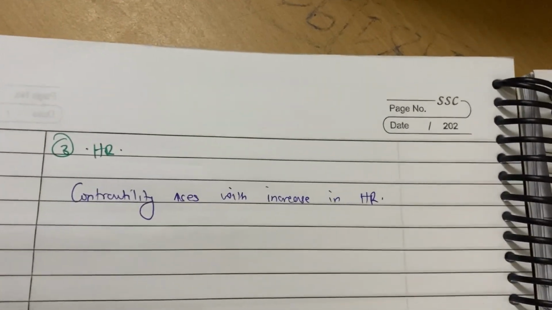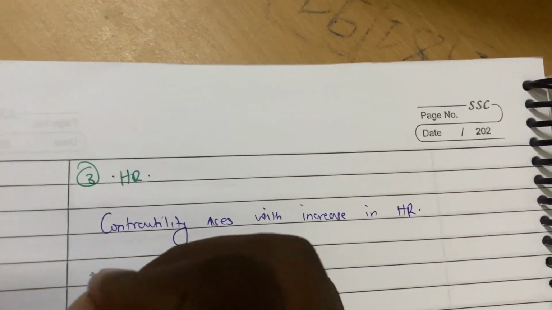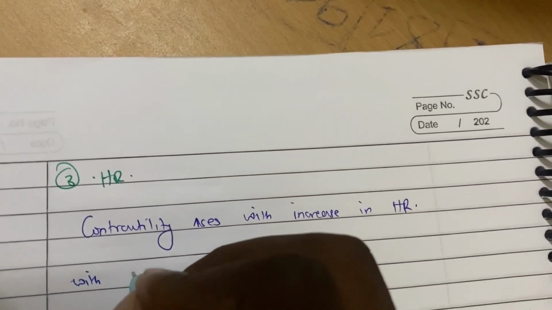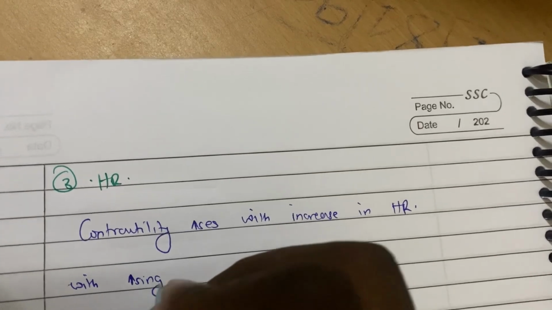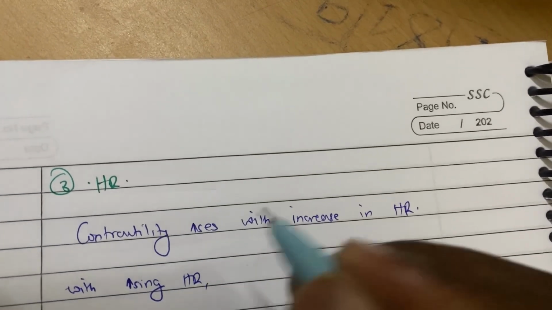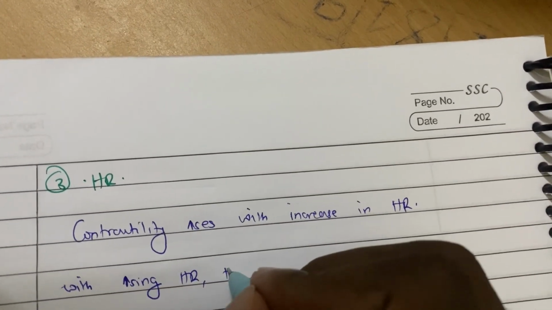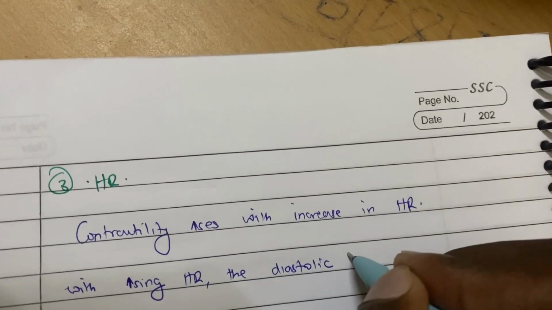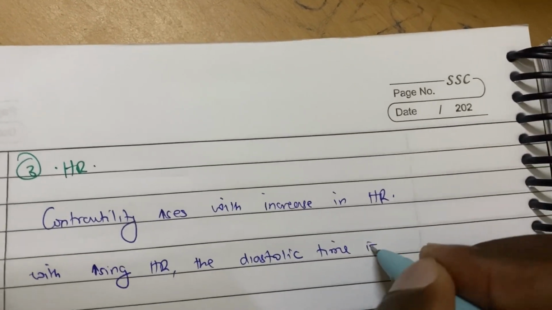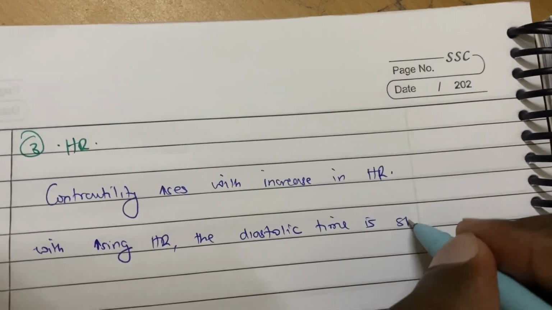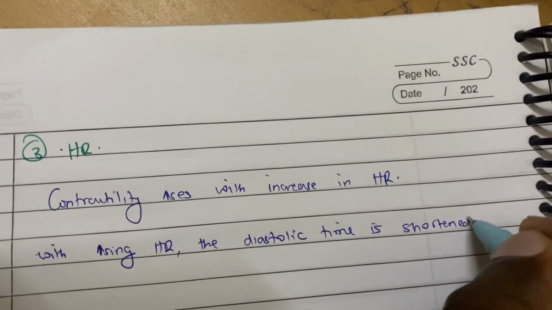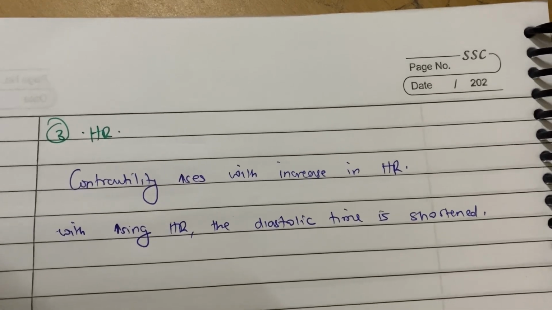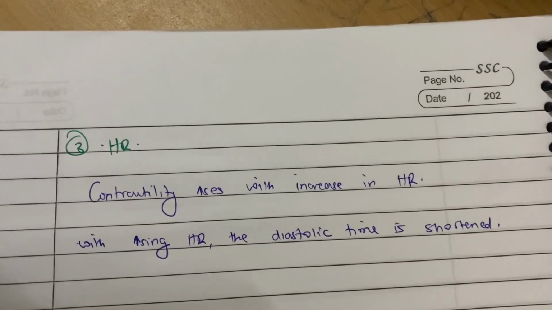What do we have with increase in heart rate? With increasing heart rate, the diastolic time is shortened. We know that the diastolic time is shortened.